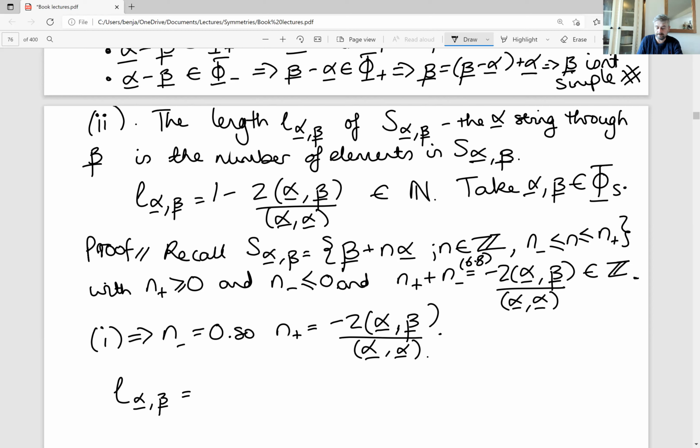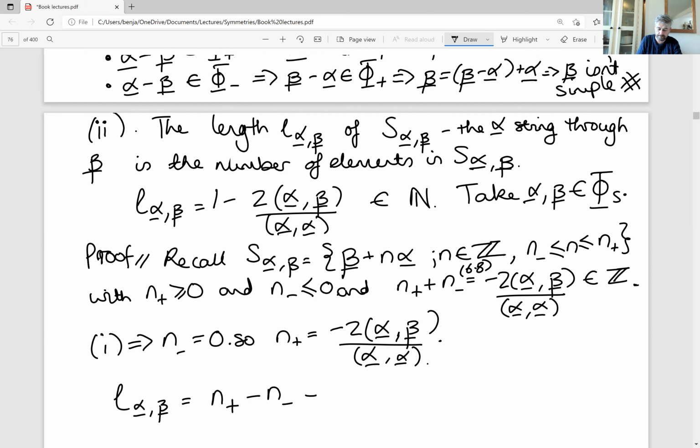So that gives us n plus options. We can subtract n minus alpha times alpha in general, but we haven't counted the root beta, which is another element of the set. So we have +1. And now we substitute in for n plus and n minus, and we get the assertion that we had in the beginning.